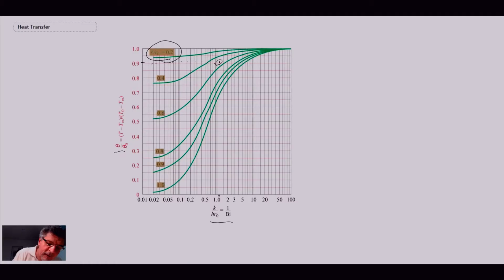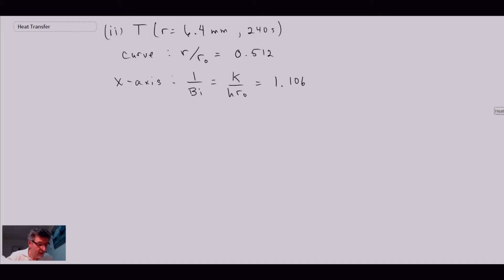We come over, and we're a little bit above 0.9, so let me guess this to be 0.92. And with that, we'll go back, assuming that the y-axis, which is theta over theta naught, is equal to 0.92, we can then plug in all the values.